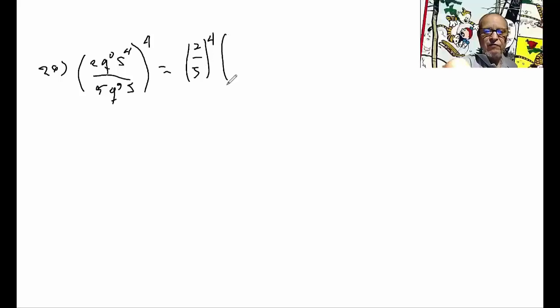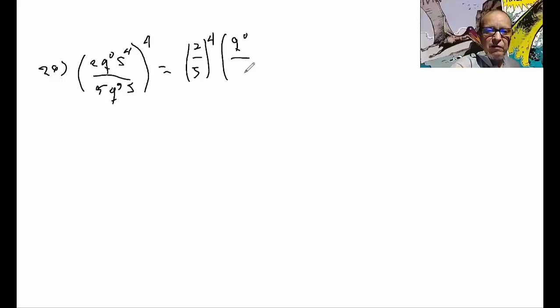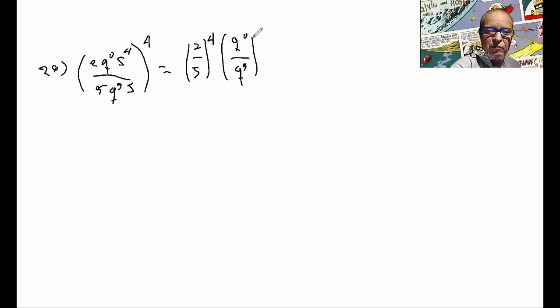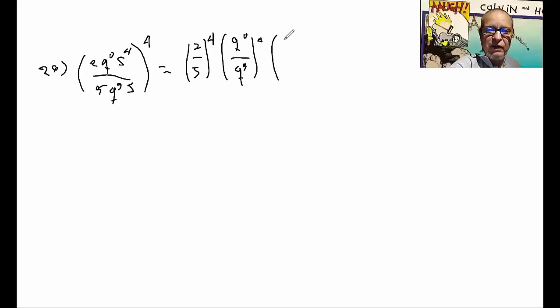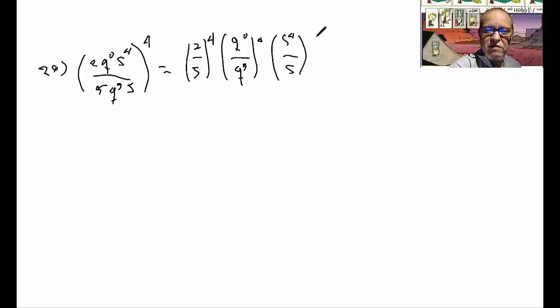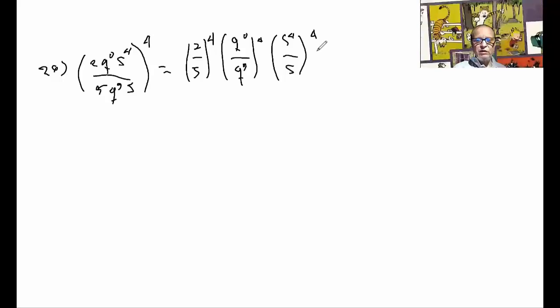And then I have my q to the 0 and my q to the ninth, and I'll put that to the fourth power. And then I'll put my s to the fourth and s, and I'll put that to the fourth power. So I'll work out each one again separately.